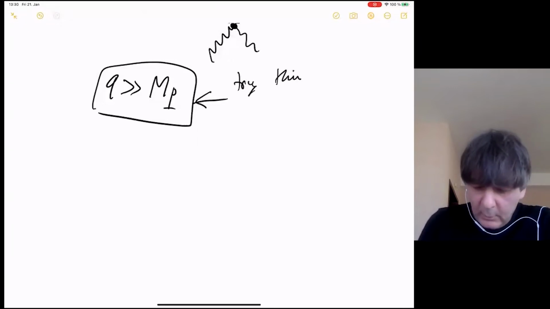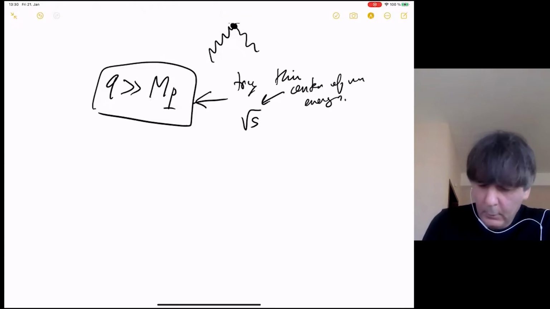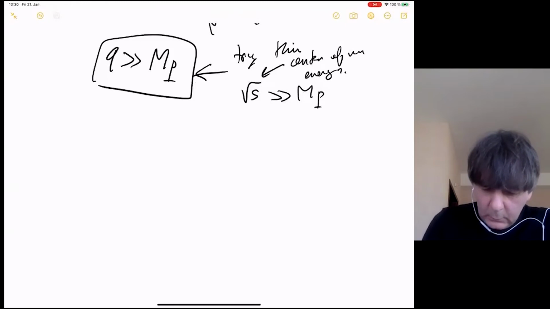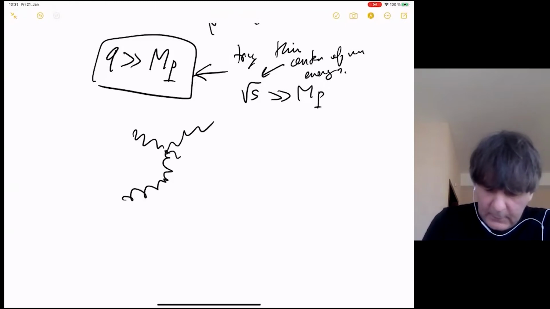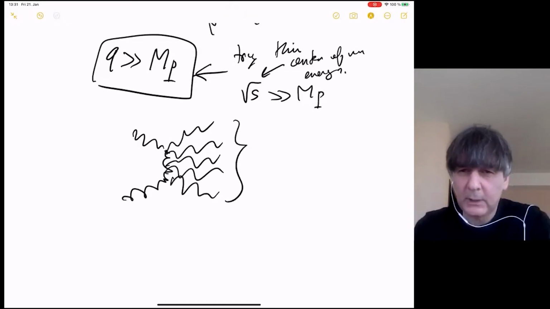You have to increase the center of mass energy, usually denoted by square root of S, into the trans-Planckian regime. But then the scattering is dominated by multi-graviton production, and so the momentum transfer goes down.